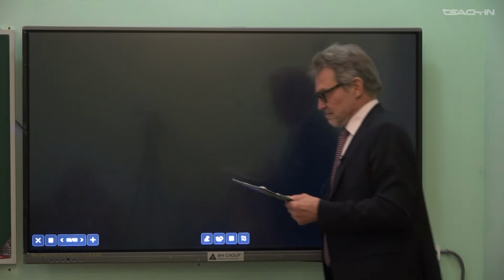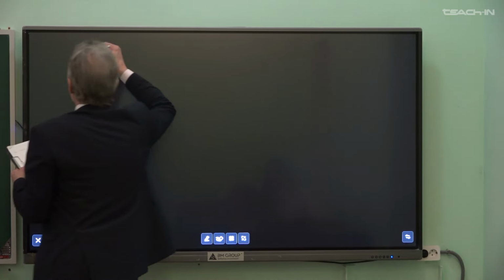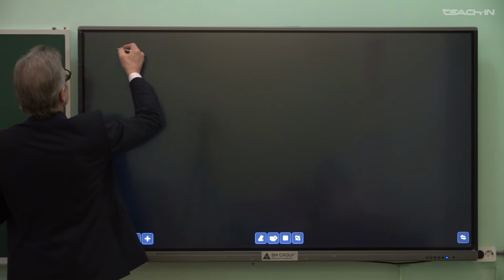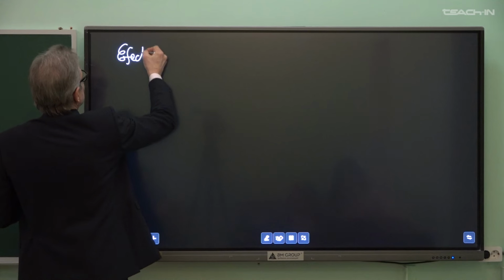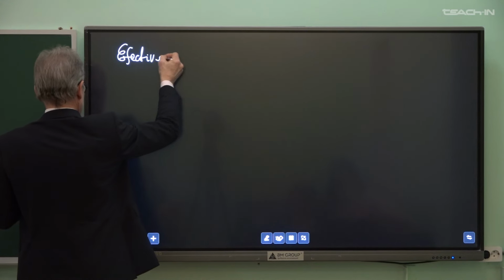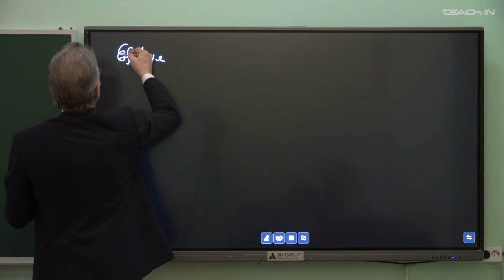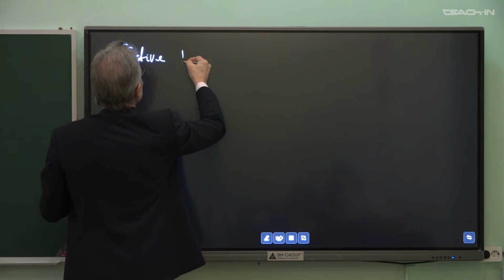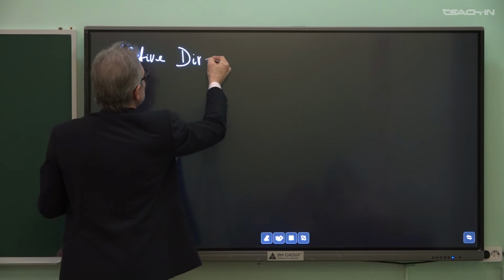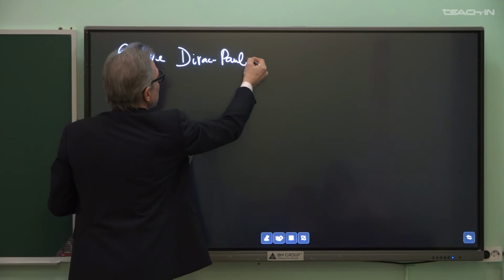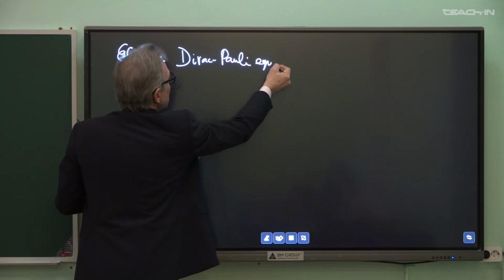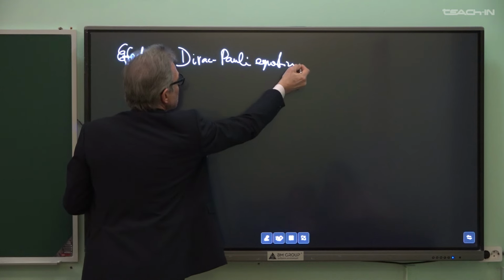Okay. So we start with the effective Dirac-Pauli equation for a neutrino.